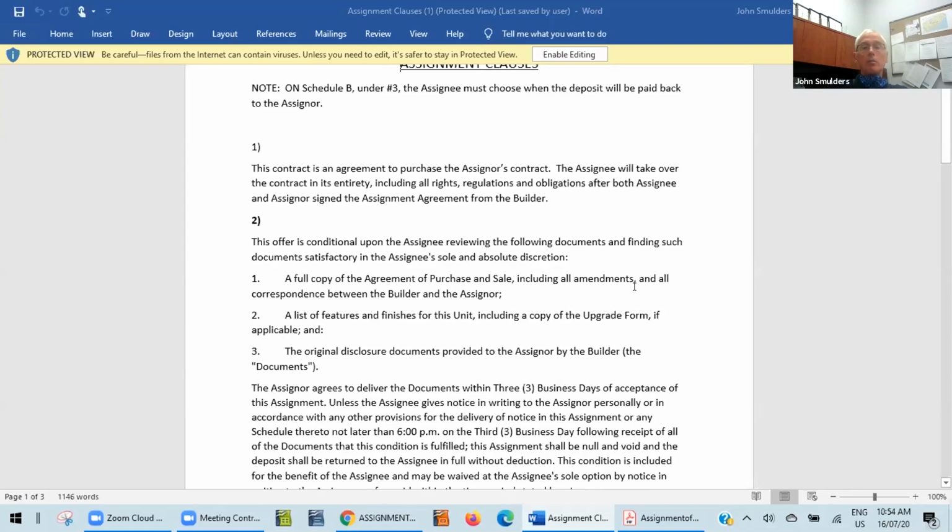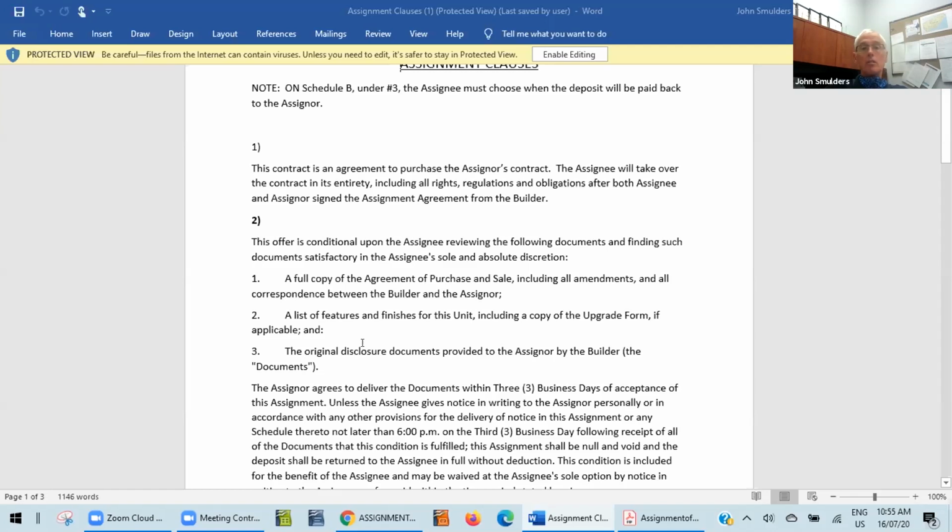This offer is conditional upon the assignee reviewing the following documents and finding such documents satisfactory in the assignee's sole and absolute discretion. A full copy of the agreement of purchase and sale, including all amendments and correspondence between the builder and the assignor. A list of all features and finishes for the unit, and a copy of an upgrade form if applicable.